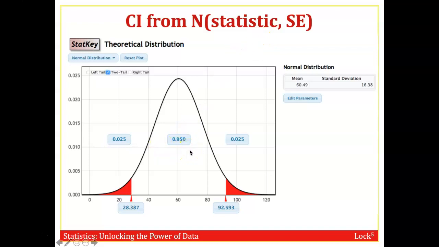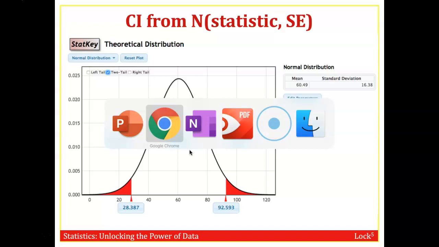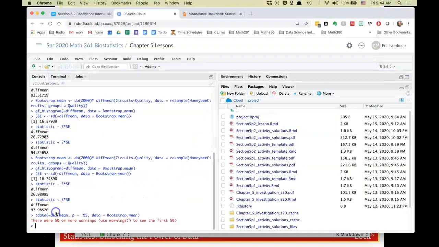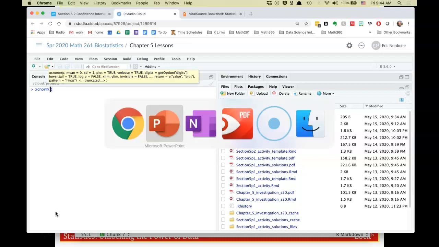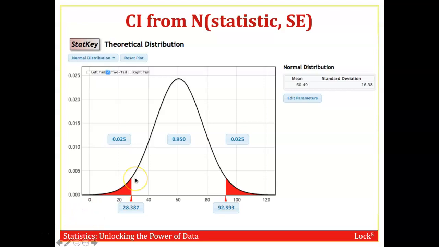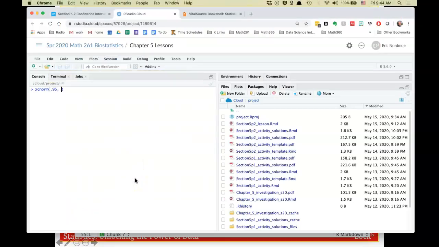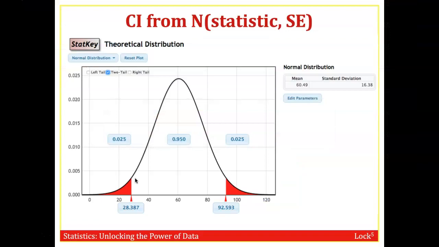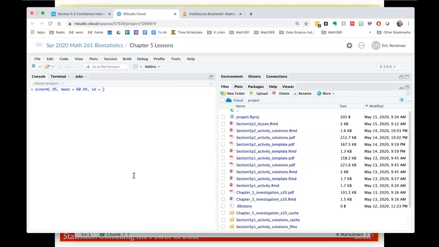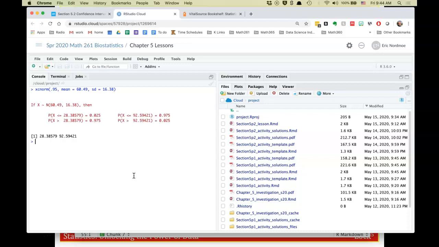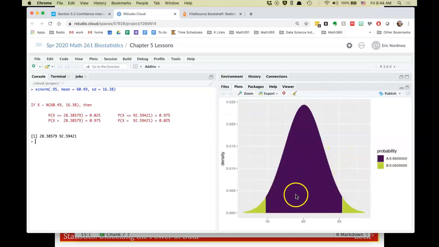Now I'm just going to show you at the command line how you could do this with R, to set the stage for what we're going to be doing. There's a command called xcnorm that will give us the middle portion of the normal distribution, exactly parallel to what StatKey is doing. We'll put in 0.95, mean equals 60.49, and standard deviation equals 16.38, and we get this confidence interval.